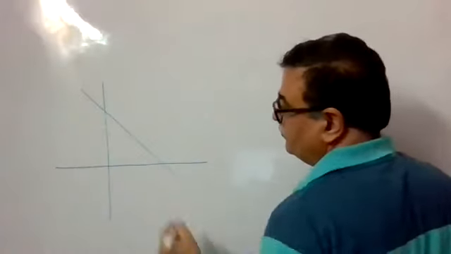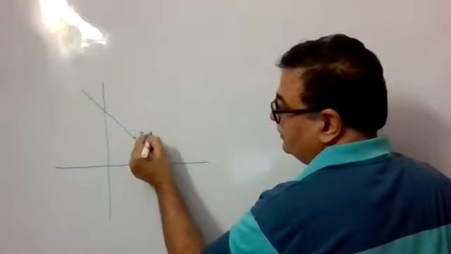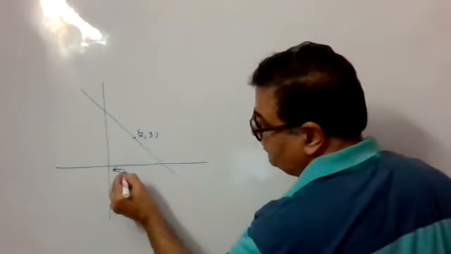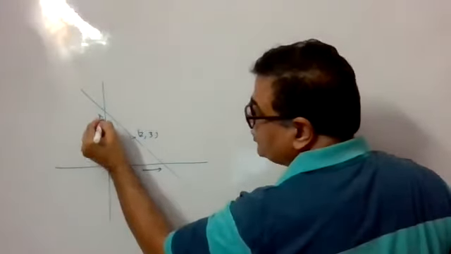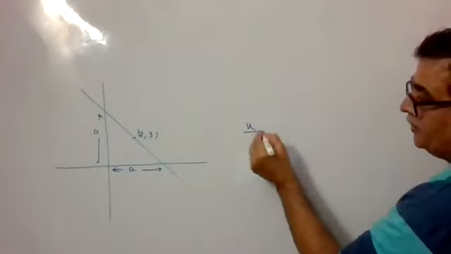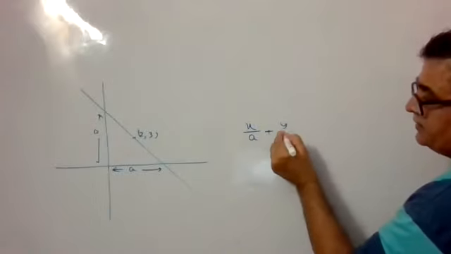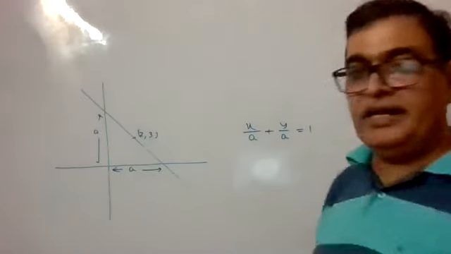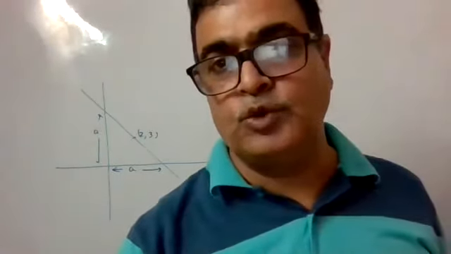X plus y is 5. Line is passing through 2, 3 and makes equal intercept. So this is A, then this is also A. Then the equation which you will write will be x by A plus y by A comes out to be 1.